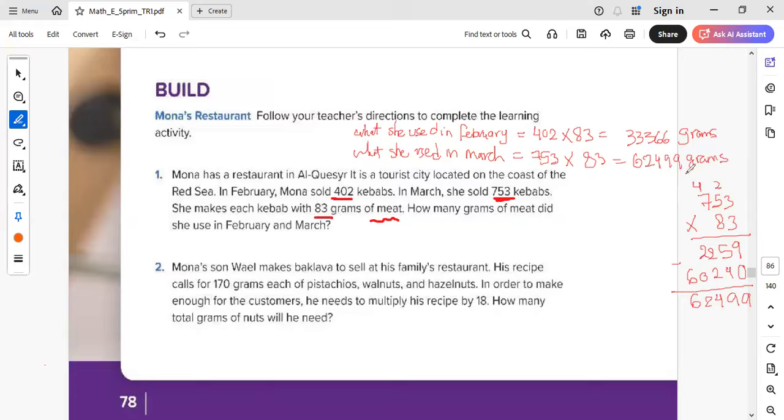Yes. 6 plus 9 equals 15, 5 and carry 1. 1 plus 6 equals 7 plus 9 is 16, 6 and carry 1. 1 plus 3, 4 plus 4 equals 8, 3 plus 2 equals 5, 3 plus 6 equals 9. So the total amount will be 95,865. So now we have solved the first problem. Okay, so let's go to the second one.